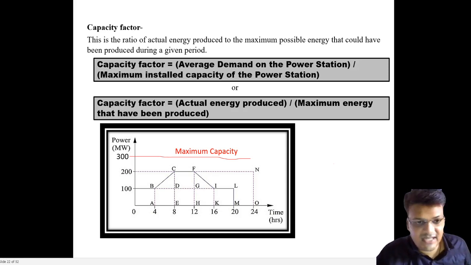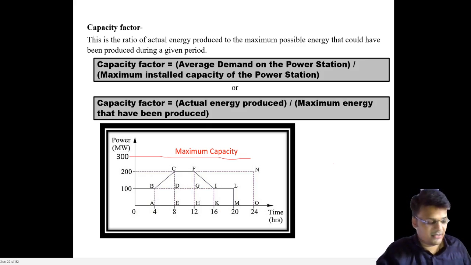So in the question, they can directly ask what the capacity factor is by giving this diagram. You have to remember all these formulas, only then will you get the correct answer. That's why I put this slide in chronological order, so it will be easy to understand one by one. Otherwise you will mug up the formula and it will not be useful.